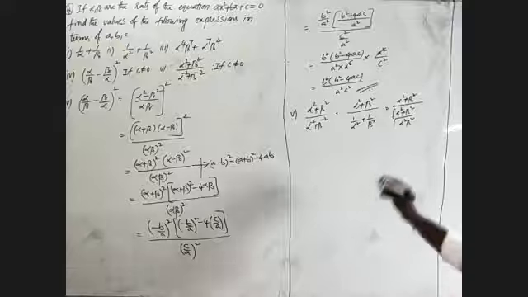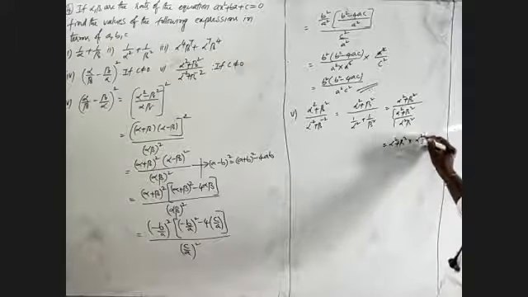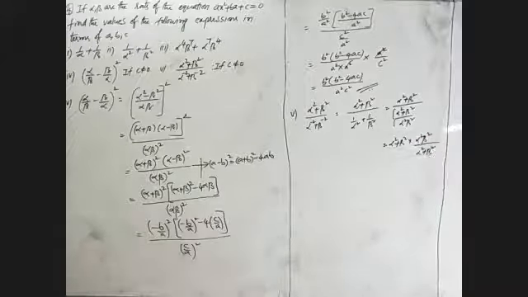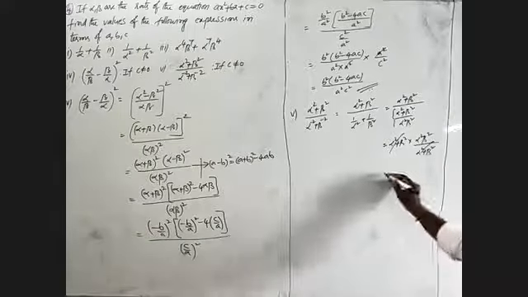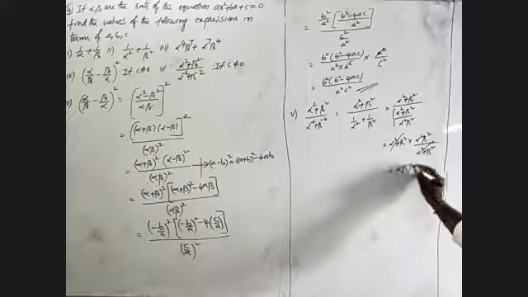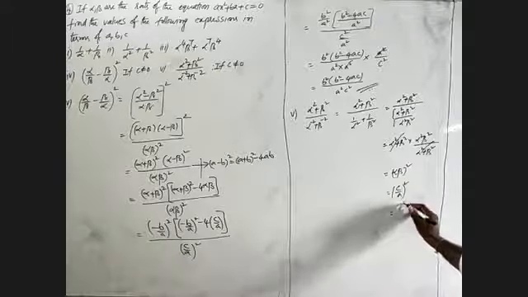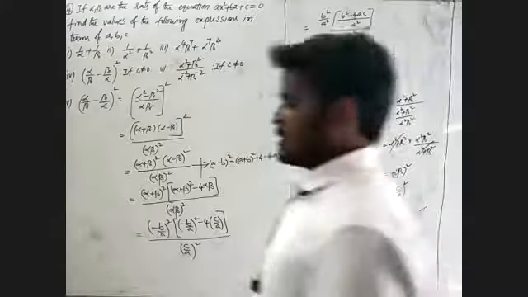That means alpha square plus beta square into alpha square beta square by alpha square plus beta square. Both values cancel. Remaining is alpha beta whole square, and alpha beta is c by a. C by a whole square is nothing but c square by a square.